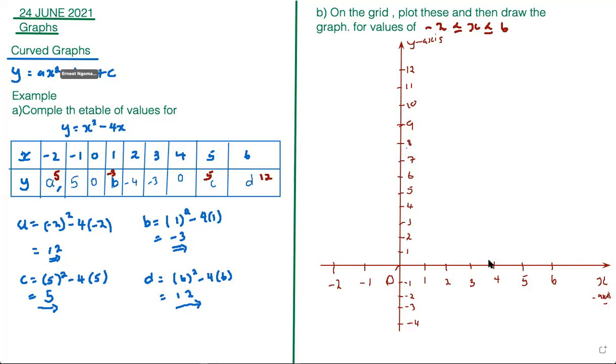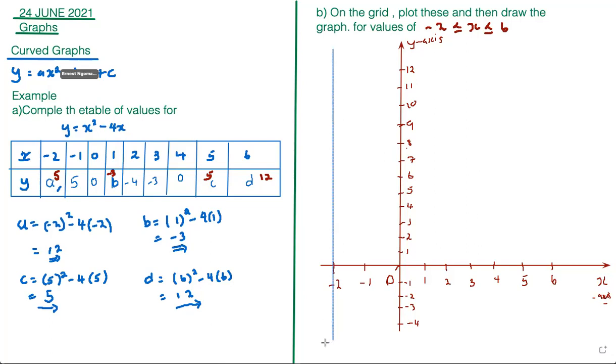Then we start plotting. Let me plot in blue. So we have x is -2. I'll use those lines, remember the lines I was using yesterday? I'll have a vertical line at x is -2, so that I see where they're meeting. What we really need is the point where they meet.